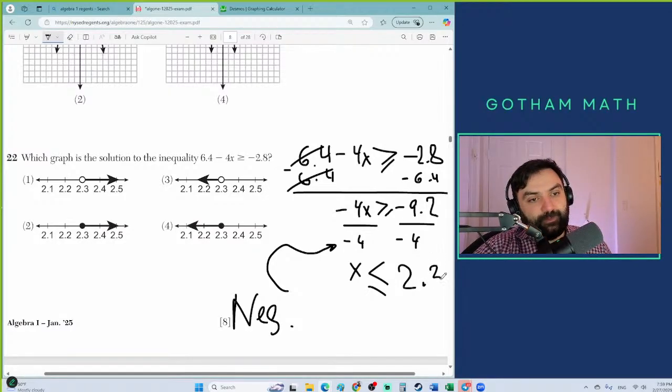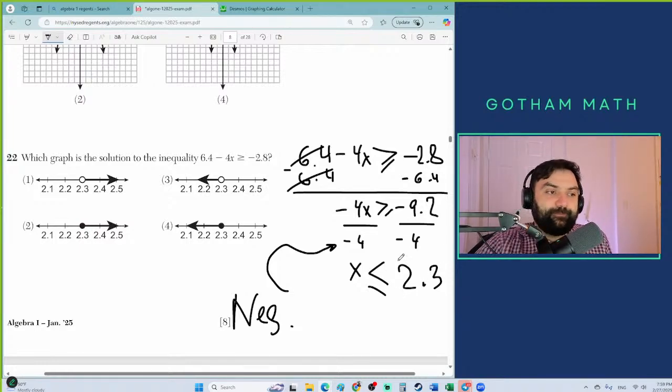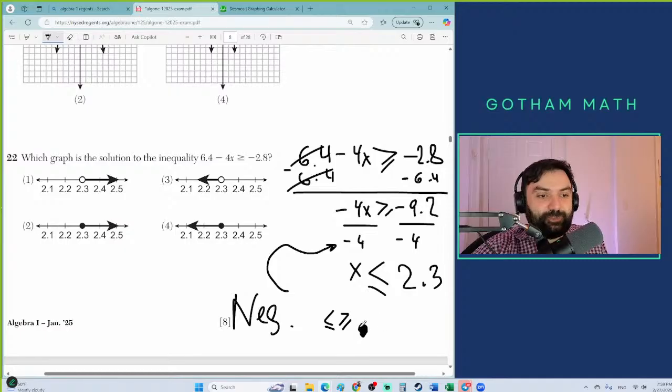Since you flip the sign, you have to remember from the question before that the or-equal-to sign has a closed point. Just knowing that should eliminate two answers. Answers 1 and 3 have empty, unclosed circles, so they're not our answers.